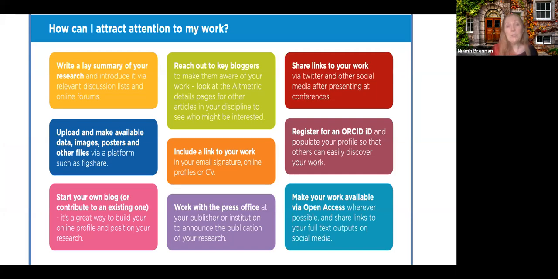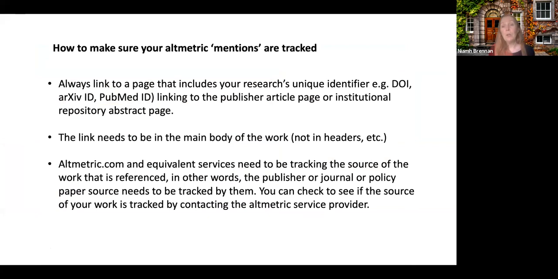And also be really sure to include your unique identifier, a DOI, arXiv ID, PubMed ID, if you're using Altmetrics as a researcher, or if you're training researchers, to make sure this information is included in any tweets, social media, and news stories.